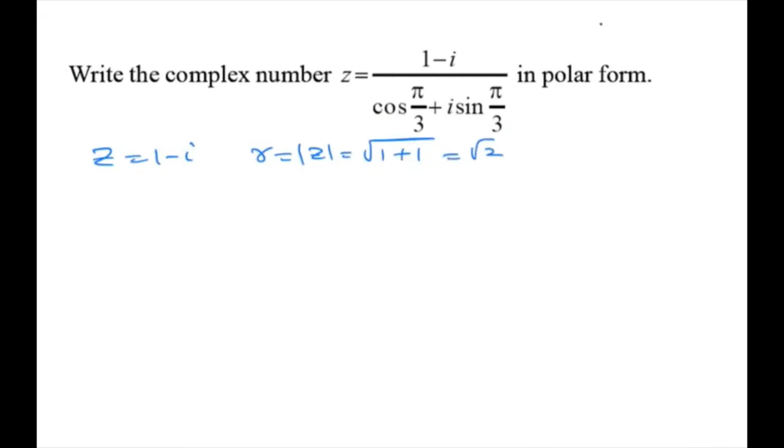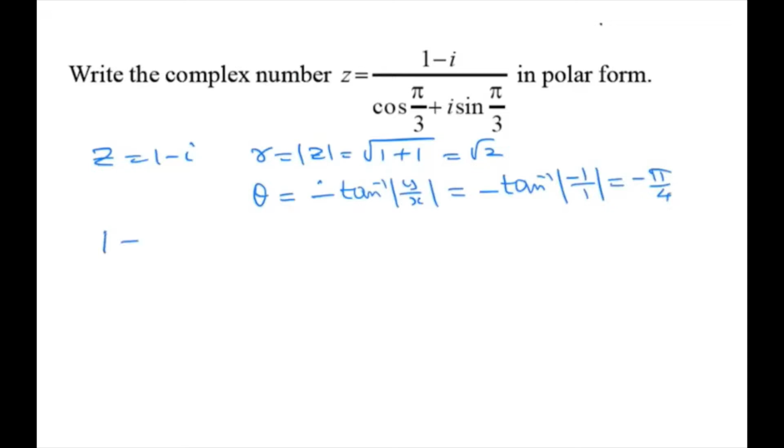Here 1 minus I lies in the fourth quadrant. Therefore, argument of Z, that is theta, is minus tan inverse of modulus of y by x, which is minus tan inverse of modulus of minus 1 upon 1, that is minus pi by 4.